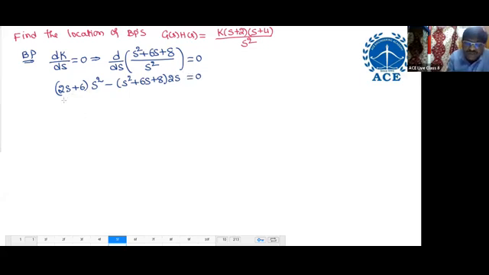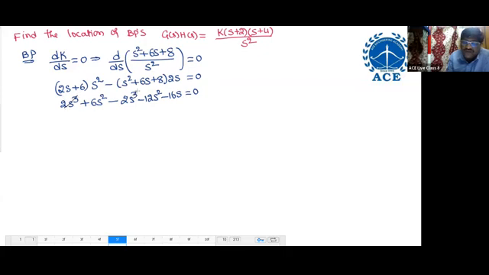Now expand it. 2s cube plus 6s square, minus 2s cube, minus 12s square, minus 16s equal to 0.